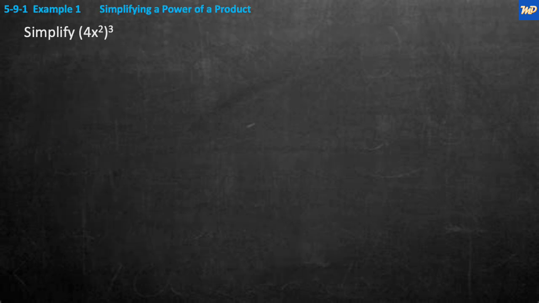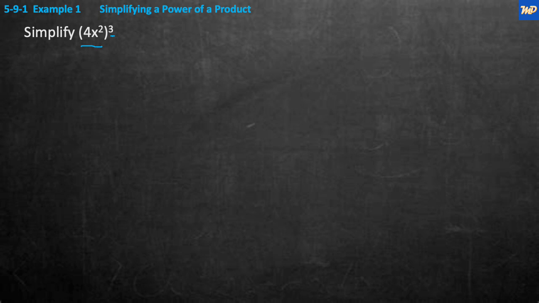Okay, example 1, simplifying a power of a product. So it says simplify the quantity 4x squared cubed. So how do we do that? Everything inside the parentheses is being cubed, raised to the 3rd power.